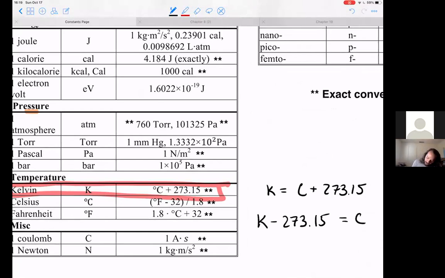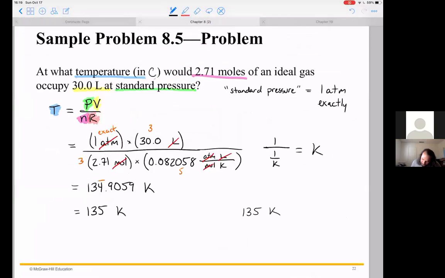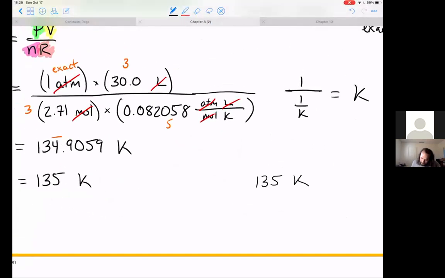So that's what I'm going to have to do. I'm going to take my 135 and subtract. And actually, to be extra good, I'm going to take my unrounded answer, 134.9059, with the sig fig marked, and subtract 273.15. You always want to round at the very last step, so you shouldn't be doing any calculations with rounded numbers.